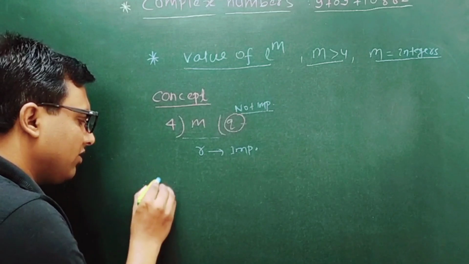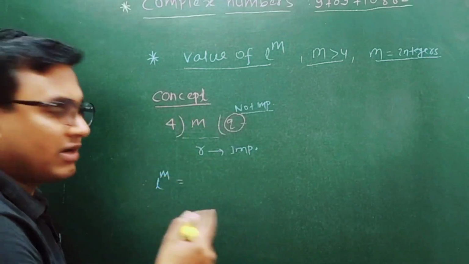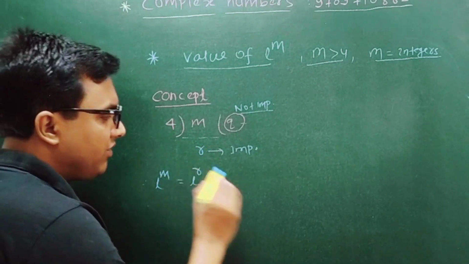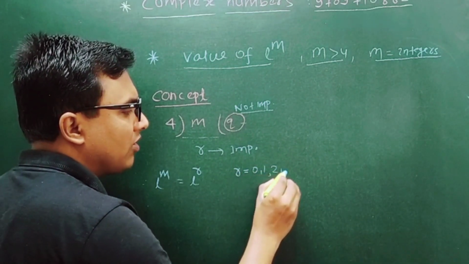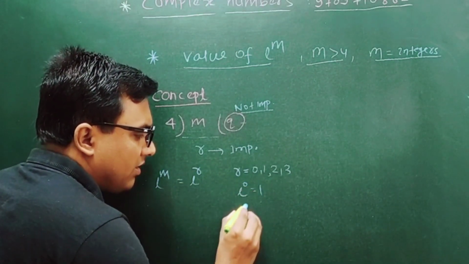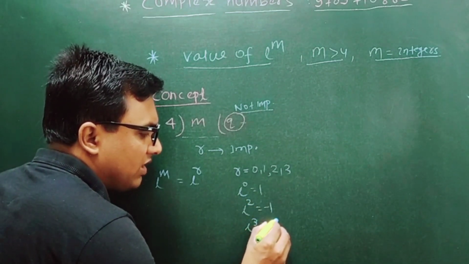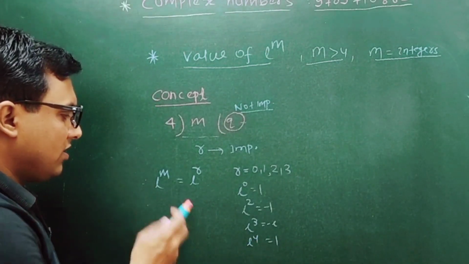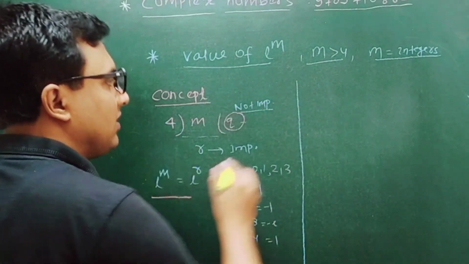That means iota to the power m is equal to, after dividing m by 4, iota to the power remainder r, and you know r is equal to 0, 1, 2 or 3, right? And you know iota to the power 0 equals 1, power 2 equals minus 1, power 3 equals minus iota, and power 4 equals 1. See some examples to clear the concept.